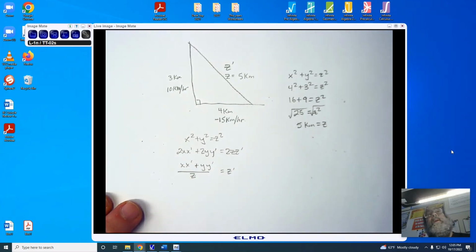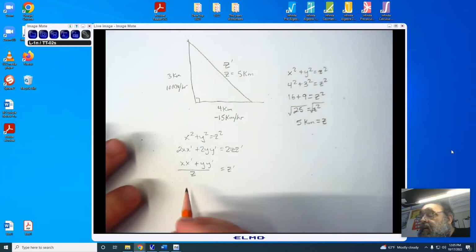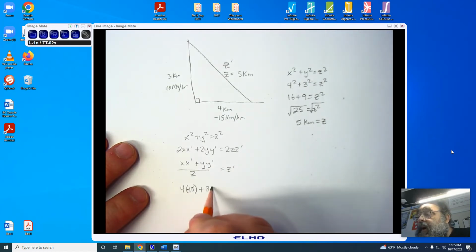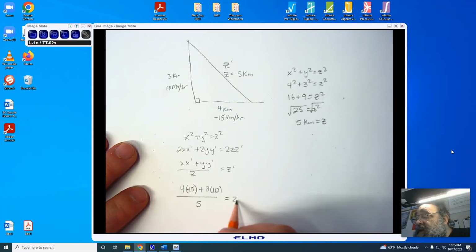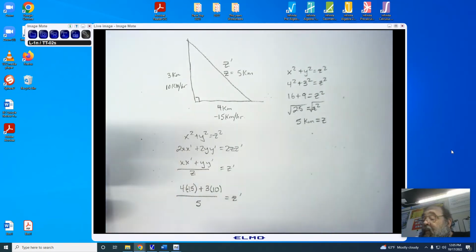And then because I'm trying to solve for z prime, all I have to do is plug in z. And once I have all of that information, everything I have is here. So I'm going to be putting my 4 times negative 15, make sure you have your negative, plus 3 times 10 divided by, and now I have my 5. This is z prime. Now, please be aware, if we wanted to use z prime, we're going to have to find it.